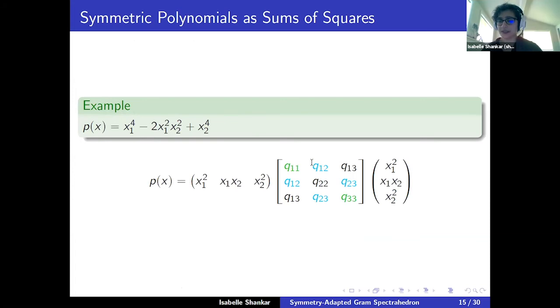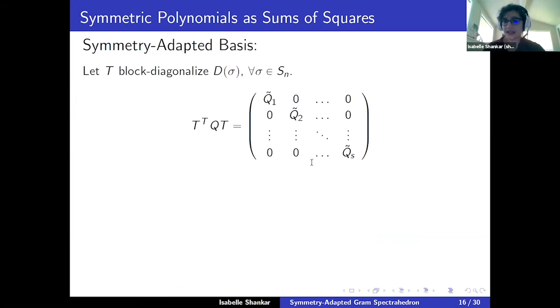That feels kind of obvious, since it certainly reduces the size of the problem. Here, block diagonalizing allows us to look at these individual blocks. It's positive semi-definite if and only if the blocks are positive semi-definite. So that's the next kind of reduction to problem size that we do in the case of symmetric polynomials.